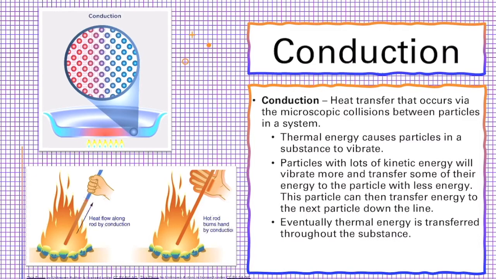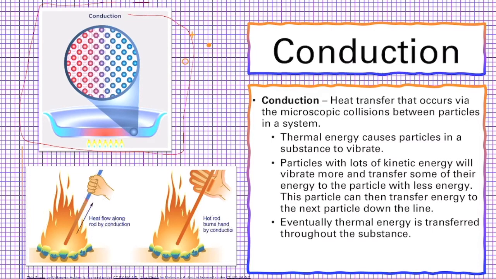Let's take a look at this picture up here with the pan. It's a pan sliced in half, and if we look at the little magnified portion of that pan, we can see the particles. The red particles represent the hotter substance, and the blue particles represent the cooler part of the pan. Notice how the red particles have a lot of kinetic energy.